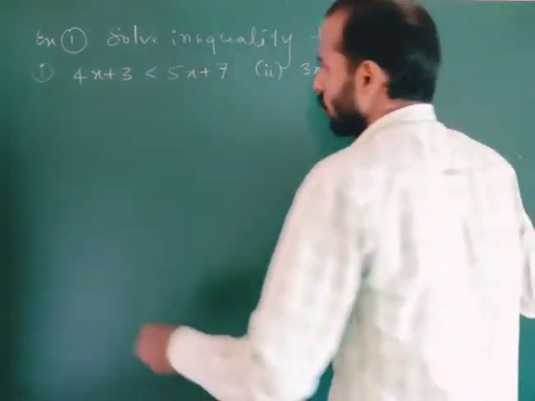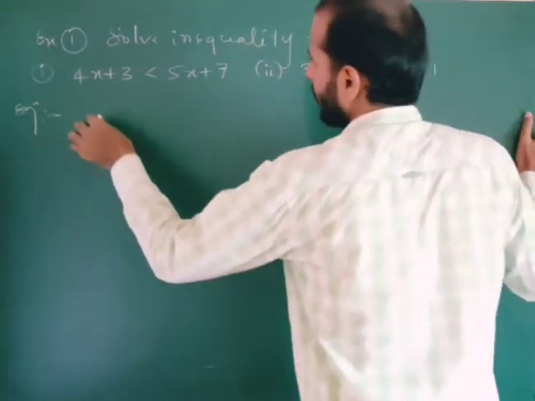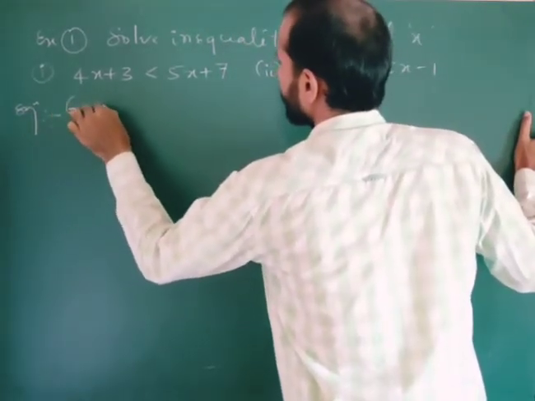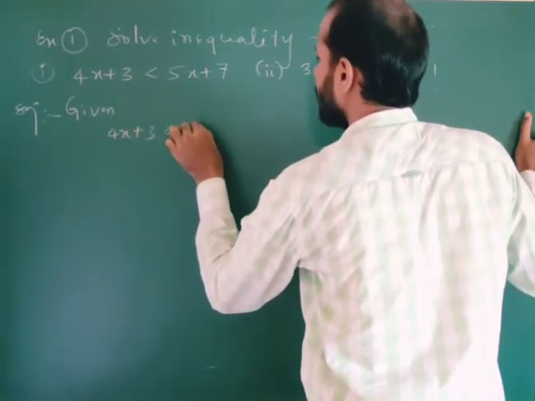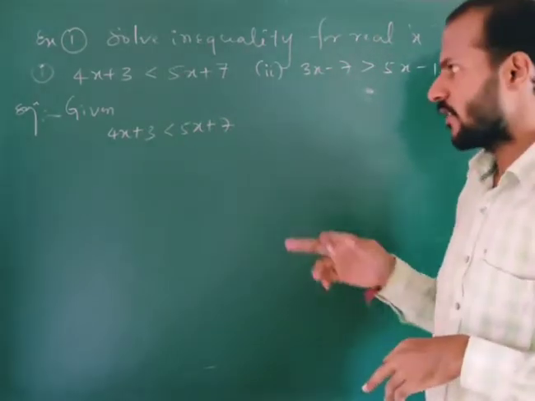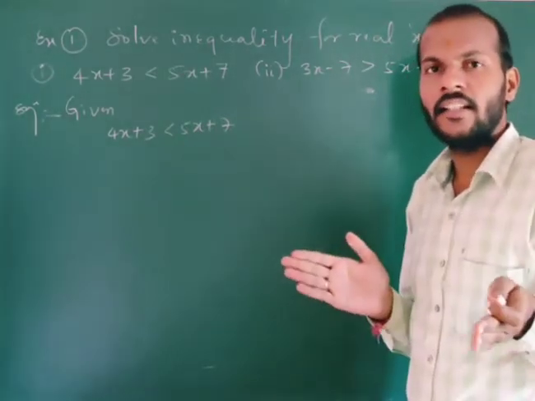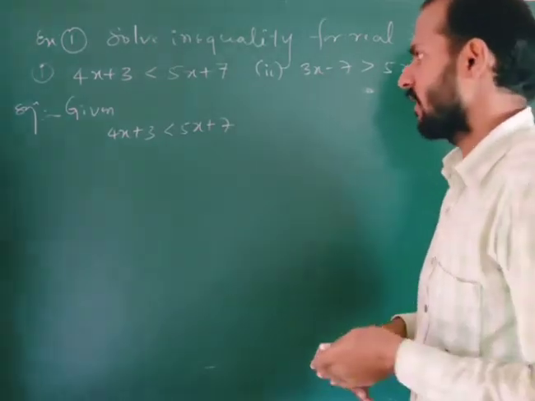First let us consider the solution. First the given inequality: 4x plus 3 less than 5x plus 7. Now what is the first rule here? Separate variable on one side and constant on the other side, right?